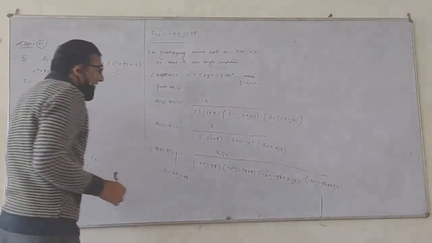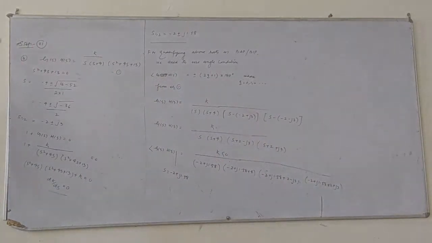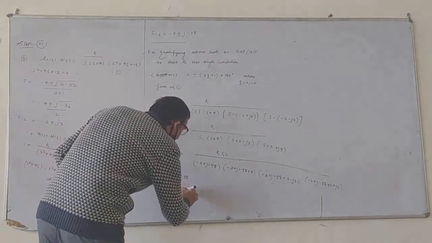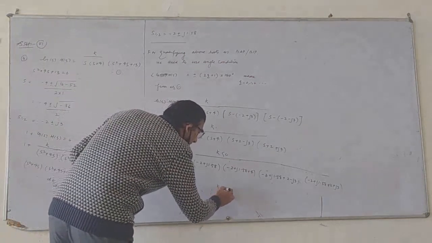If you calculate this, you can take the angles using your calculators. K is at an angle of 0.